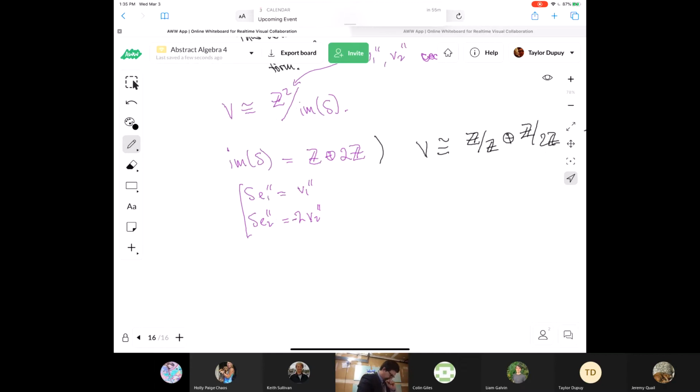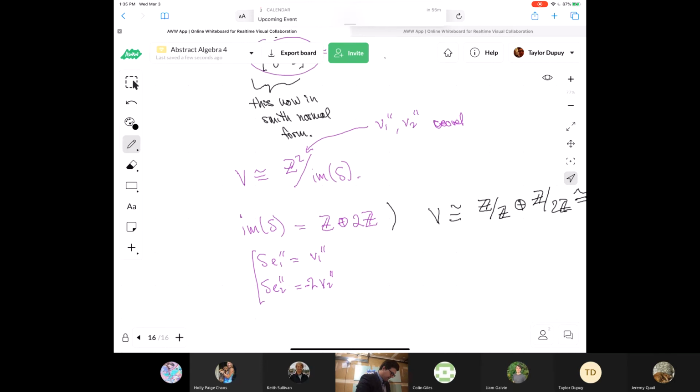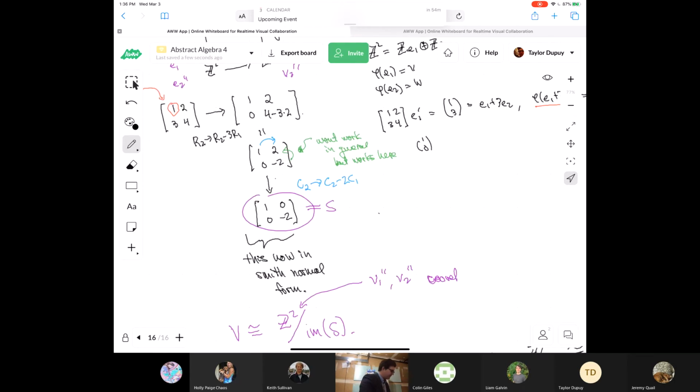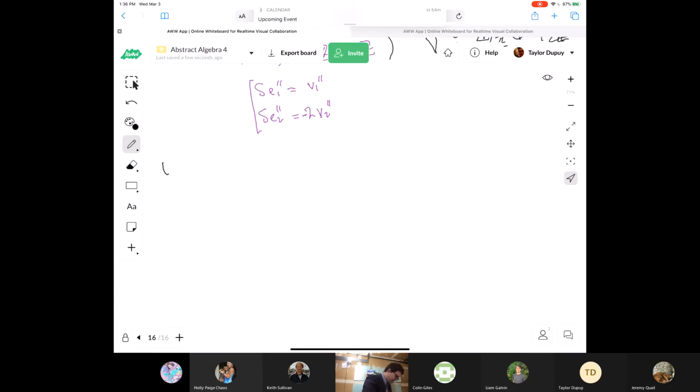Let me say a little bit about what the coordinates are. Let me make a little remark on some coordinate issues here, some linear algebra rules.